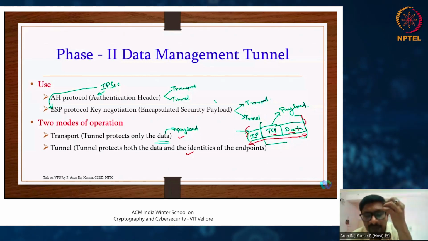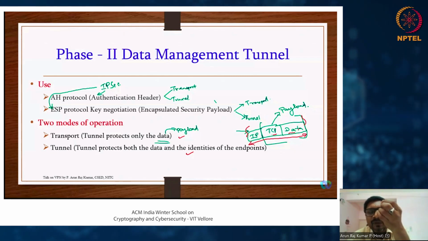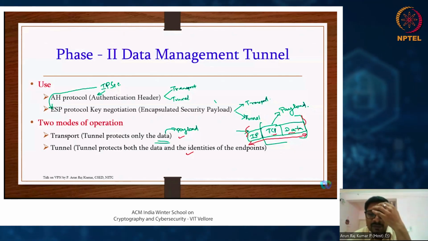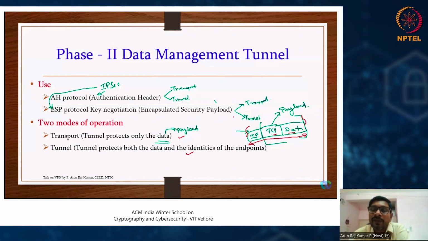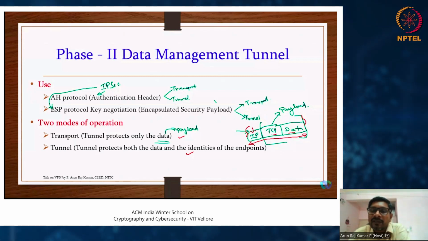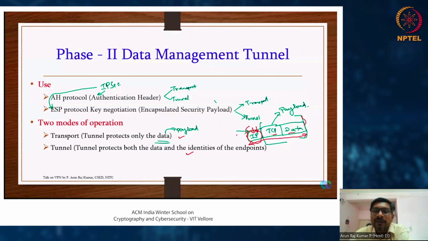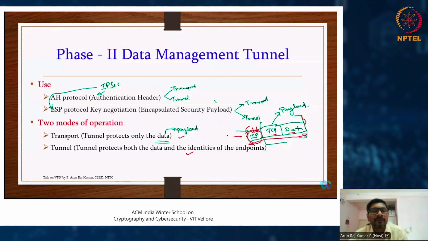Which means if anyone has access to the packet in transit, they will not be able to know the source IP address and destination IP address. Who is talking to whom will not be known, because this itself will be completely hidden. That is how it works in tunnel mode. So tunnel mode gives complete security. Even the identities of the endpoints will not be known. The secrecy will be maintained.